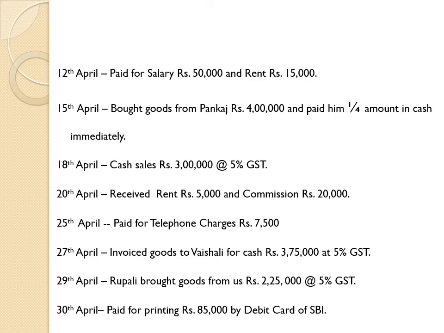On 18th April, cash sales rupees 3 lakh at 5% GST. This 5% has been divided into two parts, 2.5% to CGST, that is Central Goods and Services Tax, and 2.5% to state government, that is State Goods and Services Tax.